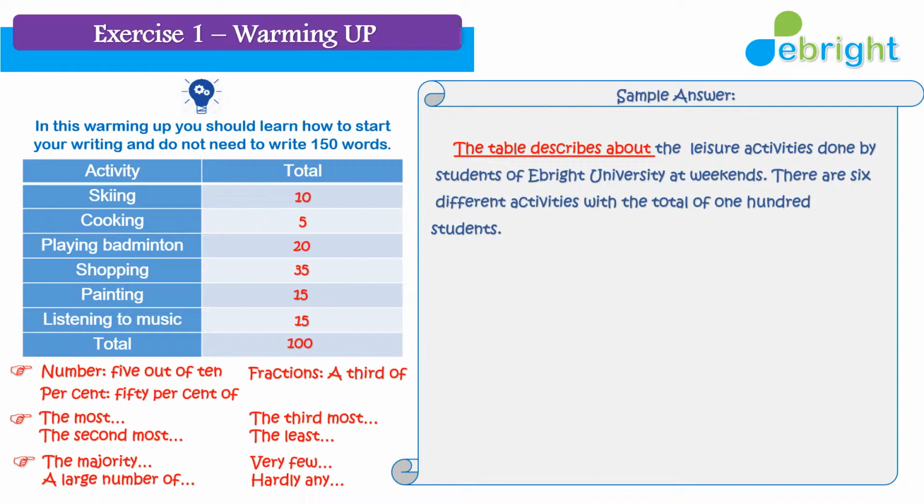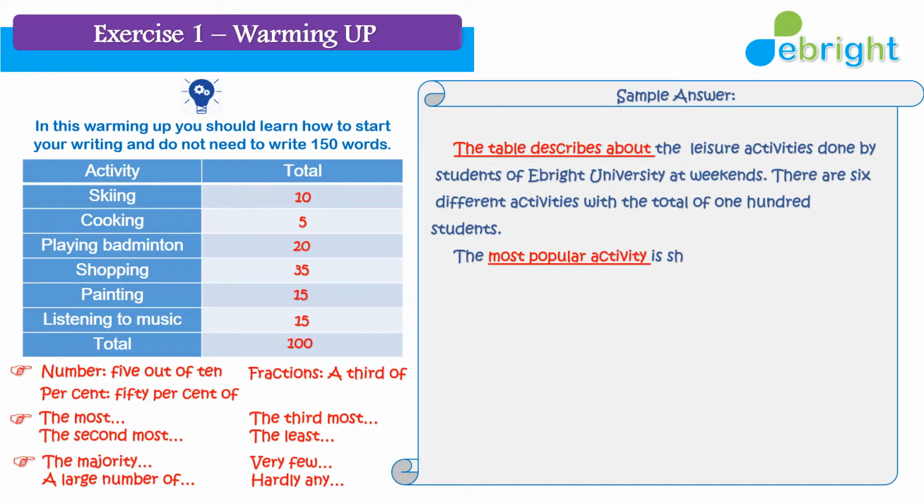So let's proceed with the second paragraph. Let's make a detailed statement about the majority activities done by the students. So the most popular one. So let me type the most. We will make a general statement first, and then we can combine it with a detailed statement.